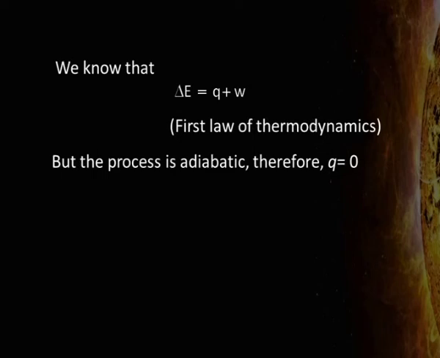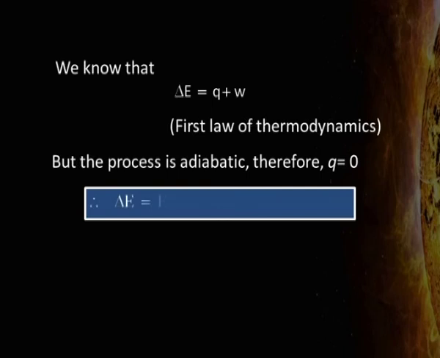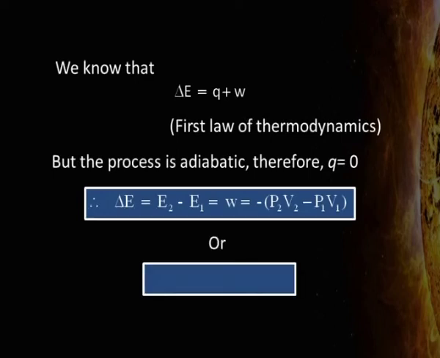Putting the value of W in this equation, we will get delta E equal to E2 minus E1 equal to W, which will be equal to minus (P2 V2 minus P1 V1). Here the sign of W has been changed because it is the work done by the piston, so E2 minus E1 will be equal to minus (P2 V2 minus P1 V1).